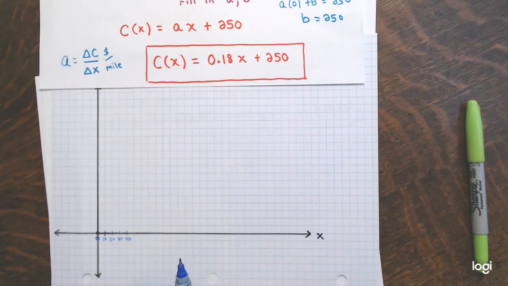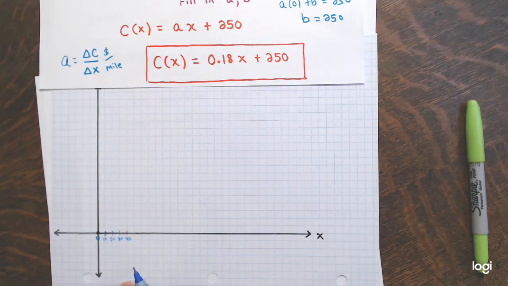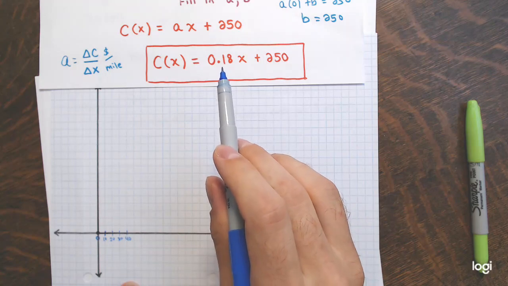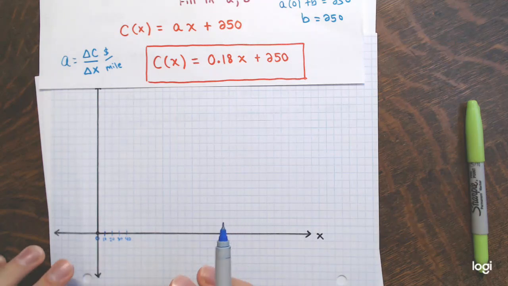So I'm going to have each notch, each square, represent just $2, right? Noticing because one square down here is 10 miles, and every 10 miles will increase the cost by $1.80. All right, so I'm going to have it be a nice round $2.